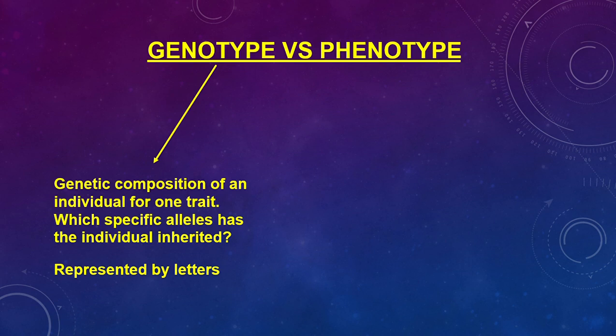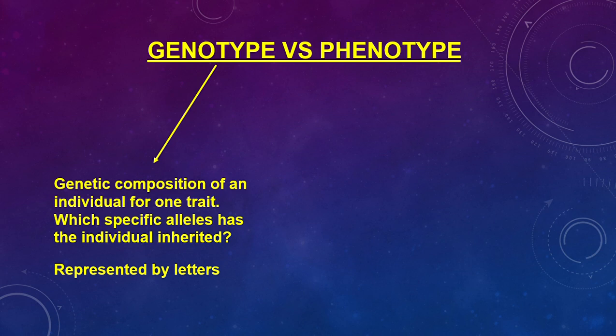So the way that we represent it is we choose a letter, and the way that we represent the two versions is either with a capital letter for one version, or a lowercase letter for another version. We'll get more into the interaction of that a little bit later. But because you're only inheriting two, we keep the same letter. We don't change letters, because remember, one letter represents one version. So if we change the letters, it's two completely different genes we're looking at. So it's just capital letters and lowercase letters, because it's only two that we're looking at.